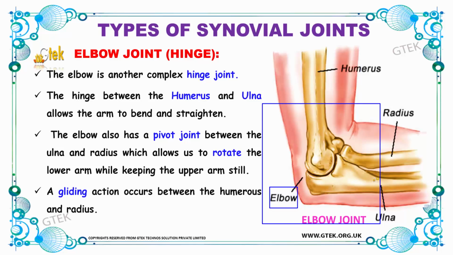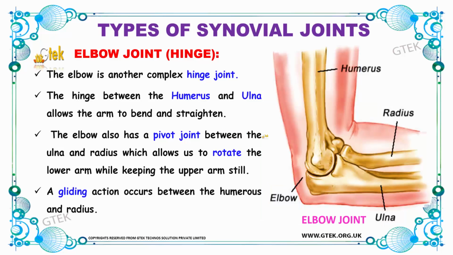And it gives only upward and downward movement. We can rotate only your lower arm while keeping your upper arm still. So your elbow is a type of hinge joint, and it is between your humerus and ulna and radius, which is your lower arm, and it allows your arm to move forward and backward, that is bend and straighten.